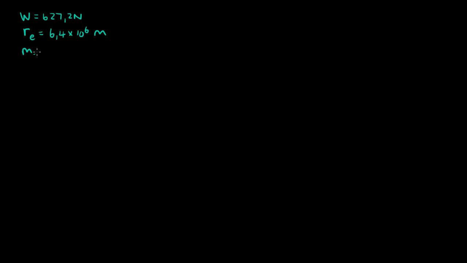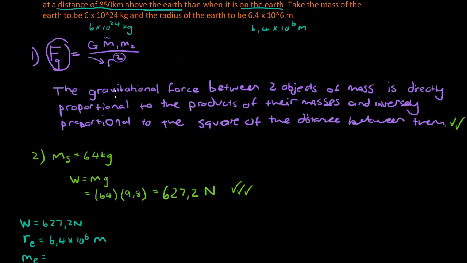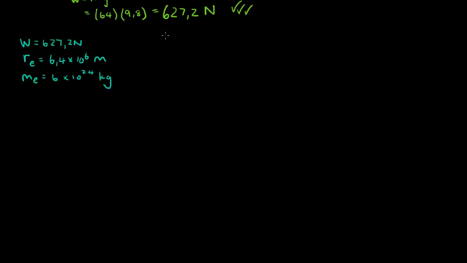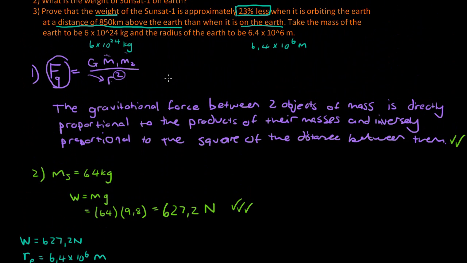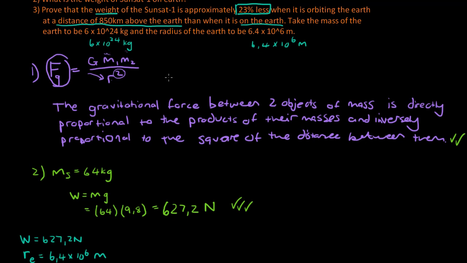The mass of the Earth was 6 times 10 to the 24 kilograms. Yeah, masses in kilograms. And the answer we're looking for is 23% less when the Sunsat is orbiting the Earth at 850 kilometers.